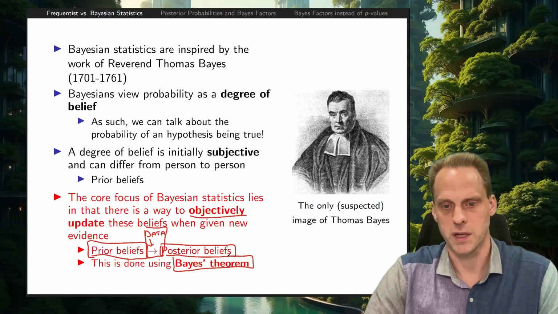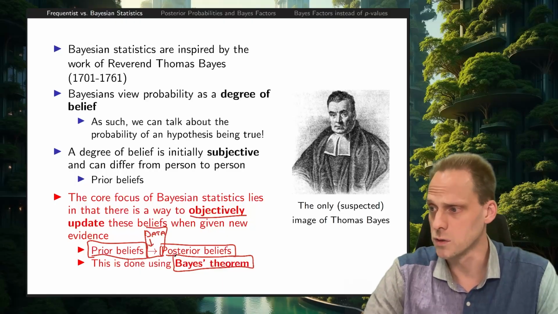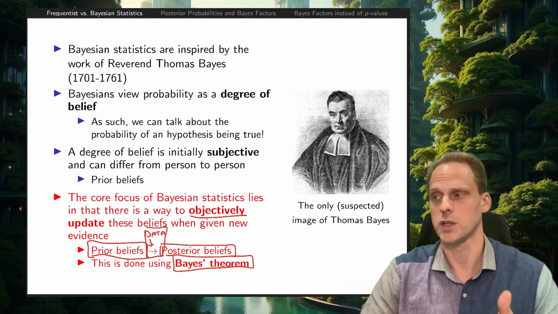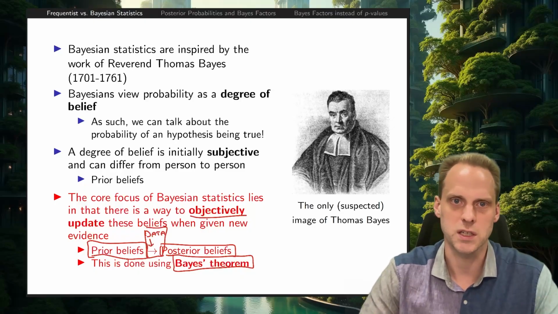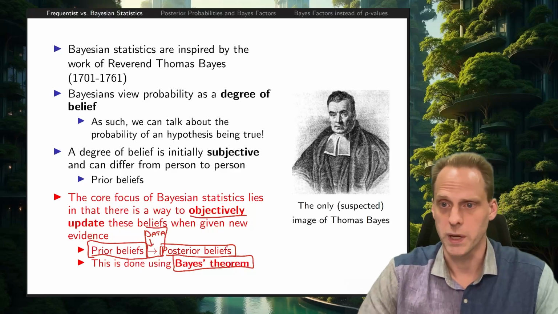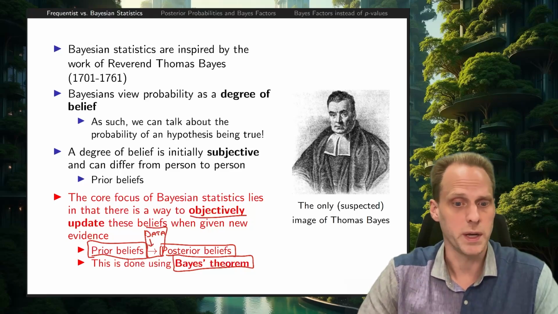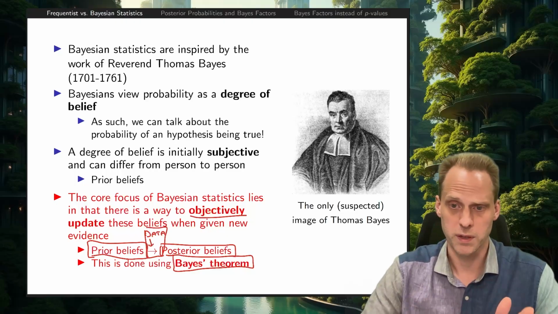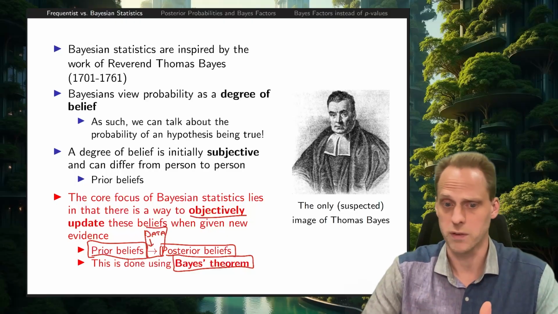Bayes' theorem dictates how a rational, logical thinking person, by which we always mean a person that adheres to the laws of probability and makes decisions based on rational probabilities, should update their prior degree of belief to a posterior degree of belief.